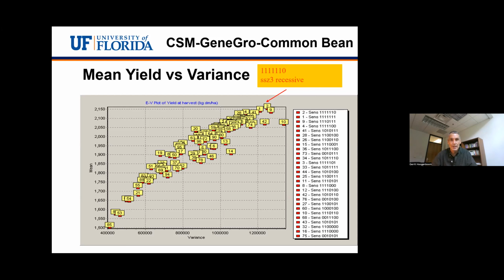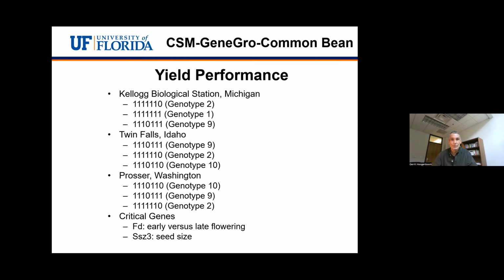So in this particular case, the variety shown here in the orange box, with all genes showing dominant, except for seed site number 3 being recessive, actually provided us with the best performing genotype for this particular location. Then we can run these same type of simulations for different locations.